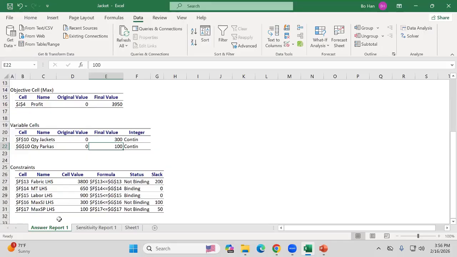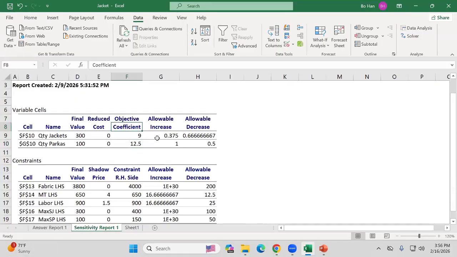For example, in the sensitivity report, for $9 and $12.5, we call these values objective coefficients. That is the name given by the computer science discipline. But in the business analytics field, we call these values parameters. We are talking about the same thing, with different names, because it's so important.